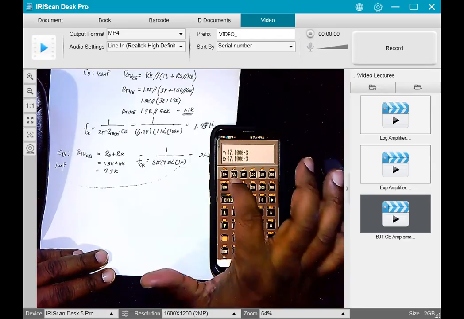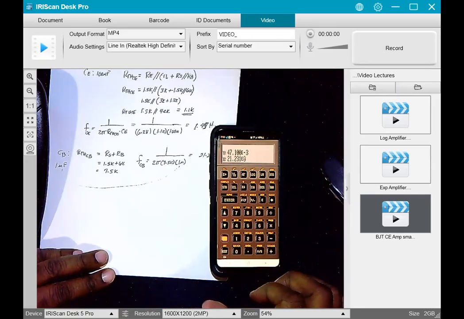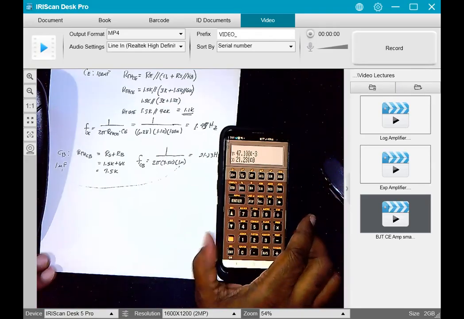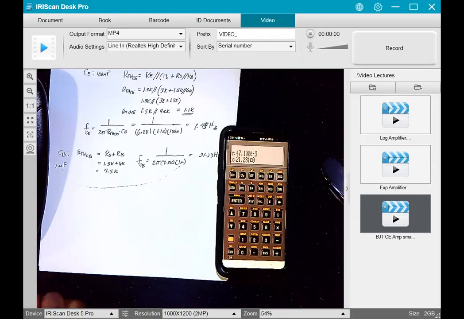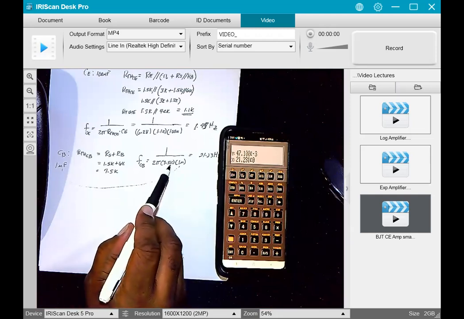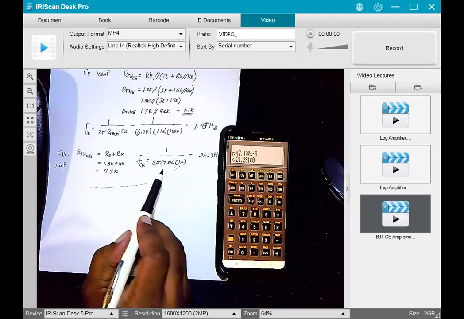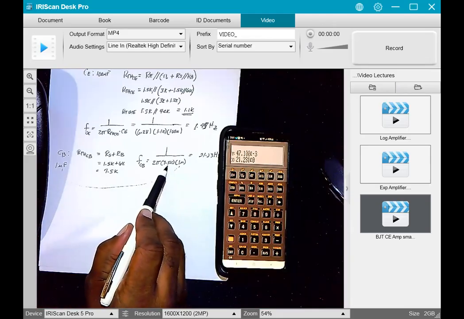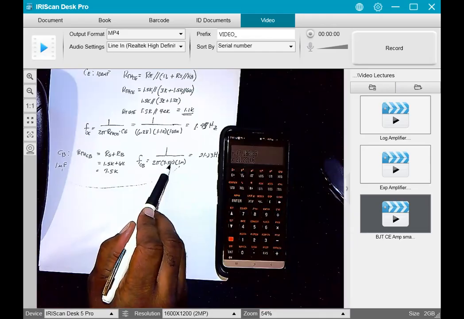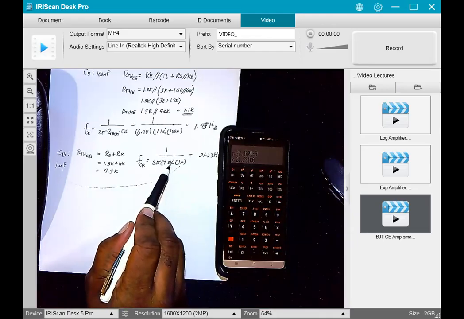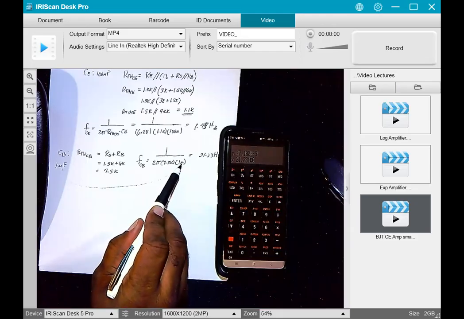And I take the reciprocal of it. I get 21.23. So you did 7.5 E3? Yeah, 7.5 E3. 7.5K is 7.5 E3. That's 10 to the third right here. This is 10 to the minus 6.